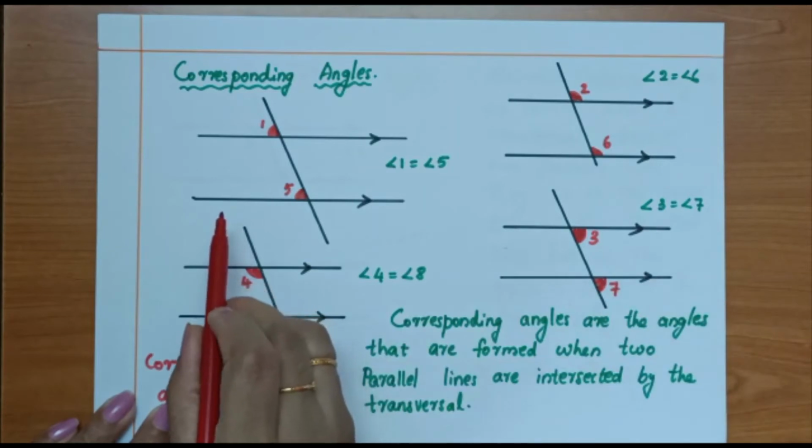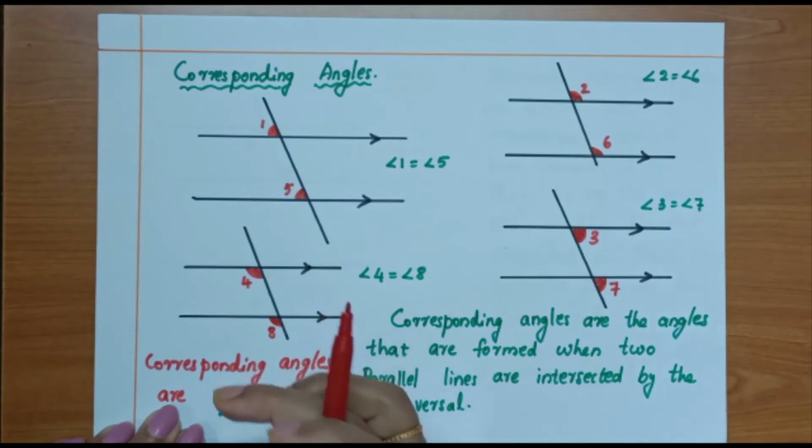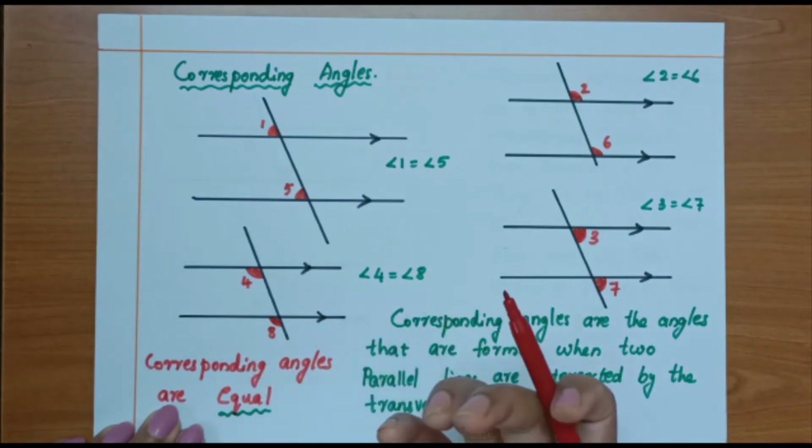First, we can learn about corresponding angles. What are corresponding angles? Corresponding angles are the angles that are formed when two parallel lines are intersected by the transversal. So, we have to check the position of the angles.